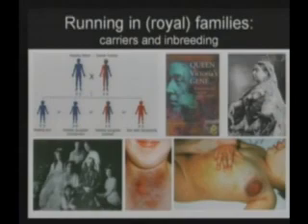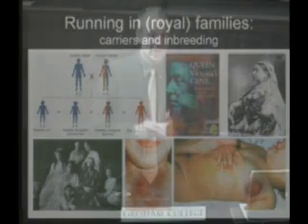They all breed with each other. And what you want is fresh blood, new genes, people who don't have haemophilia to mate with members of the royal family. And that's a way in which the genes can be diluted out of the population ultimately. But extensive inbreeding in the royal family is, I suspect, one reason why these genes have persisted in those families.